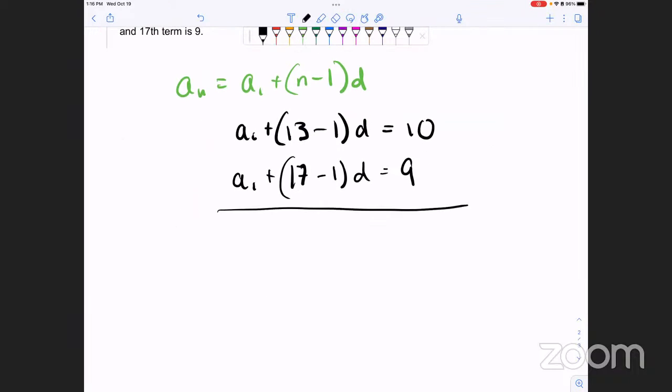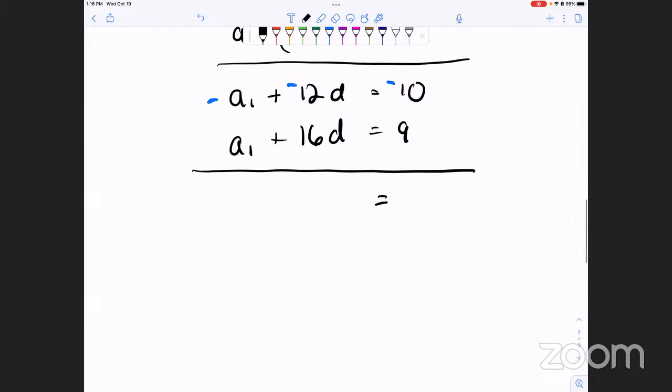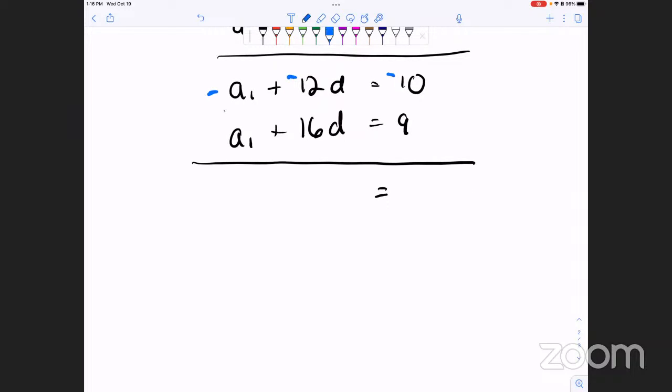If we combine like terms and simplify, a_1 comes down, that becomes 12d equals 10. And then we get a_1 plus 16d equals 9. I'm going to multiply the first equation by negative 1, so essentially this becomes negative. I'm multiplying this row by negative 1, so that when I add these two equations together, the a_1's cancel out.